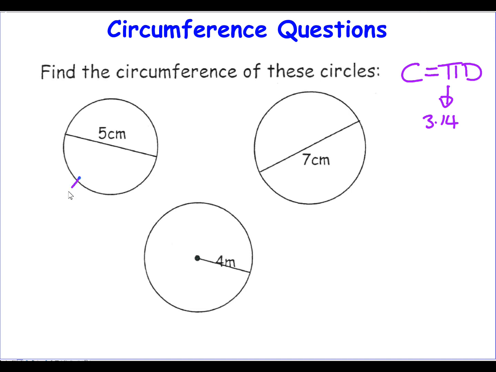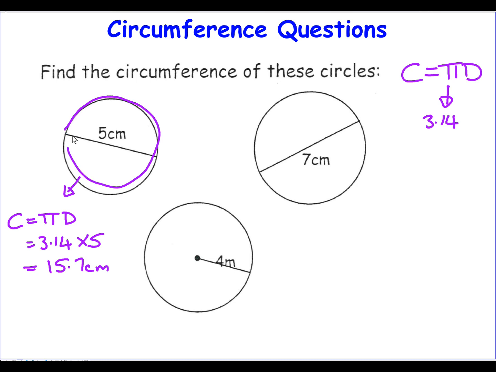So let's look at this circle to start with. Our circumference is equal to pi d, so it becomes equal to 3.14 times 5. Now they might give you this in paper 1 without a calculator, because it's a sort of calculation you can do. And you get 15.7 centimeters as the circumference of this circle.